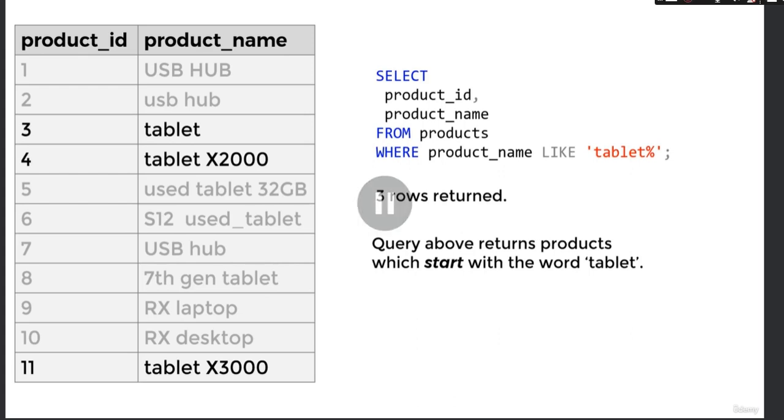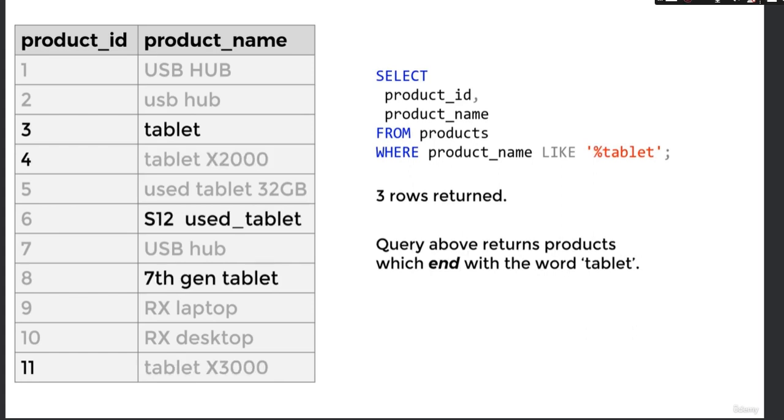If you want to return products that end in the word tablet, then we can instead put the percentage sign at the start, for example like that.